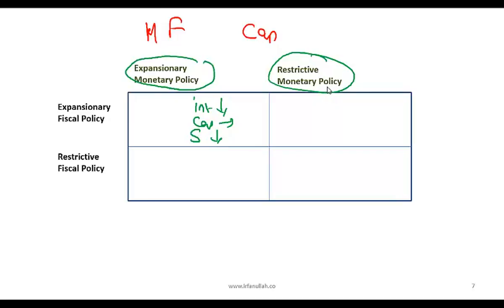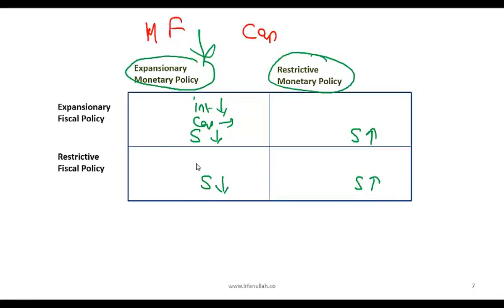Since the capital mobility is high, capital flows in, so the spot rate goes up. So this column is the expansionary monetary policy column. So we can say, according to monetary policy, if the monetary policy is expansionary, spot rate goes down. If the monetary policy is restrictive, then the exchange rate or the spot rate goes up.